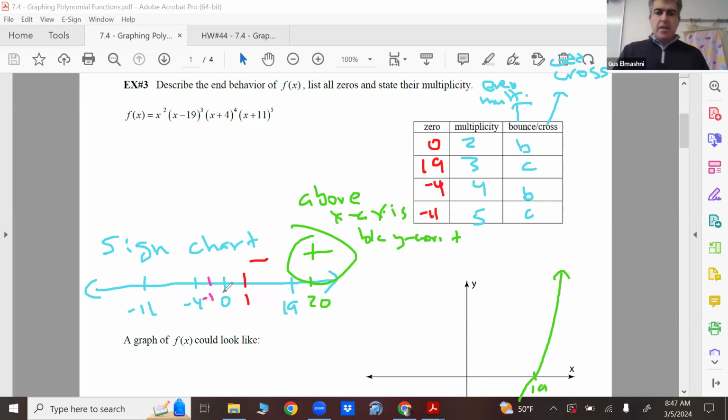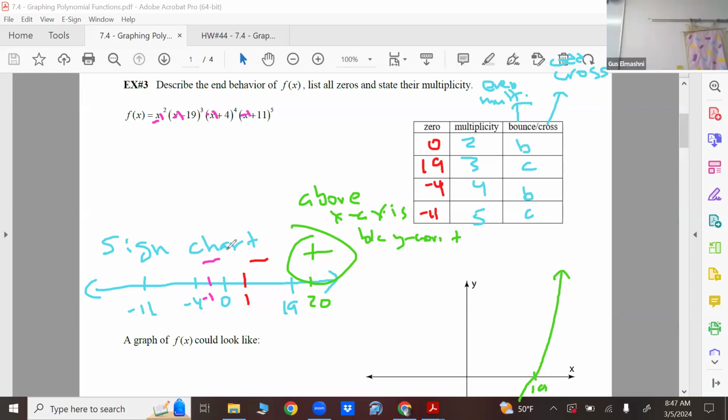Now, if I square -1, is that positive or negative? Positive. And still negative here, because you have -20 cubed. That's negative. But positive here and positive here. So again, we have a positive, a negative, and a positive and positive. So in that next interval from -4 to 0, the y values are negative. Did the sign change at all there?